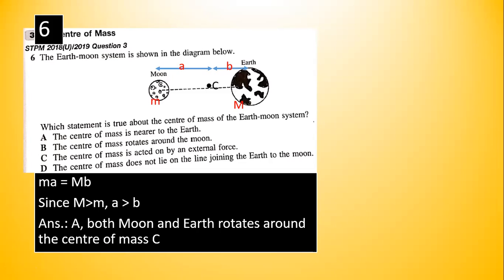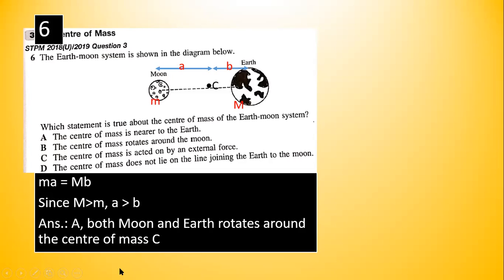Okay, next question. Wait, 1 minute. Because the Earth is even heavier, it's nearer. But it's based on the formula. Using this formula, this one is big, this one is small, because this value is constant. That means something like directly proportional.